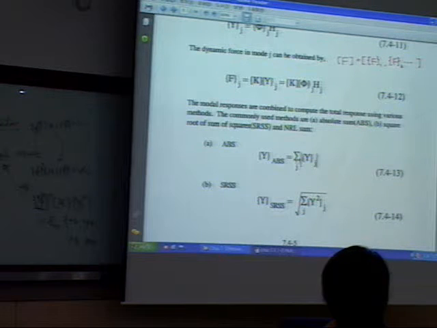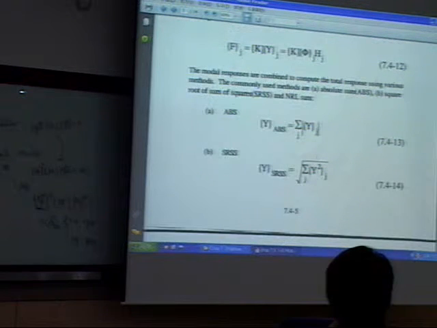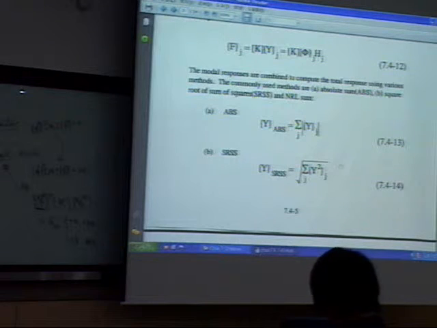Absolute sum of the modal results, not used. And SRSS, square root of sum of squares. This is very valid, and earthquake engineers are using this SRSS method.